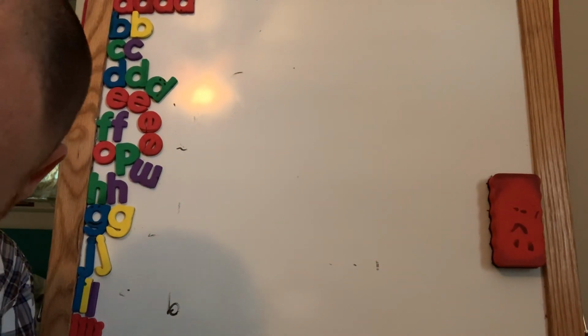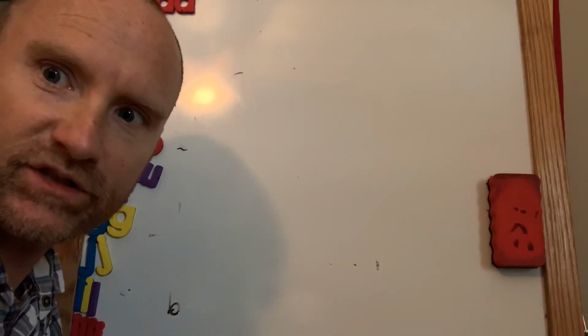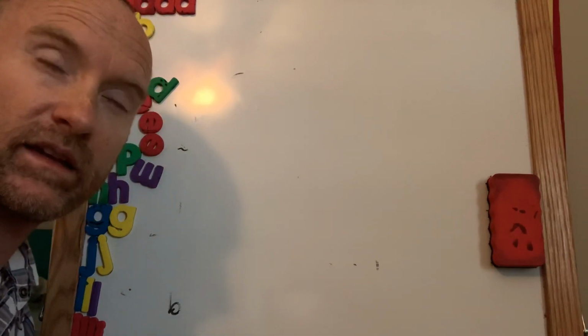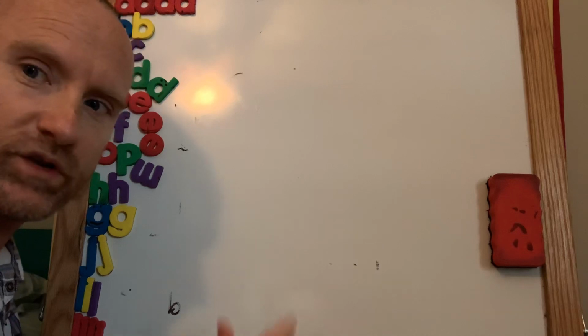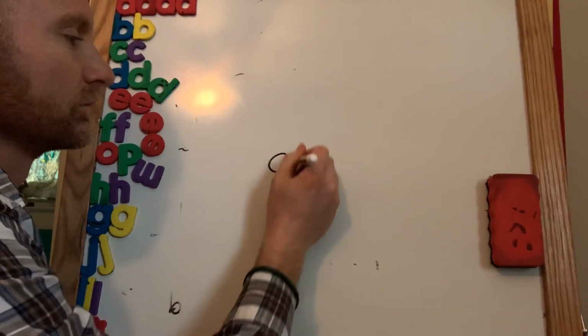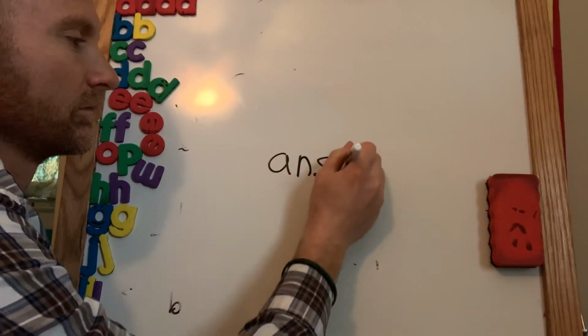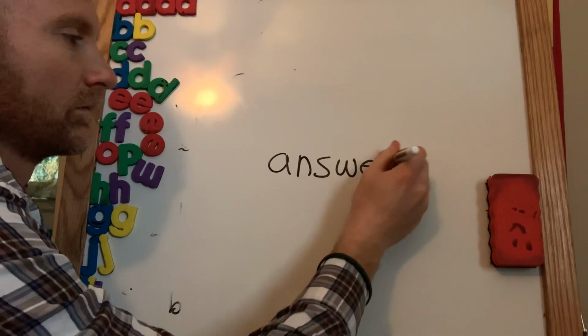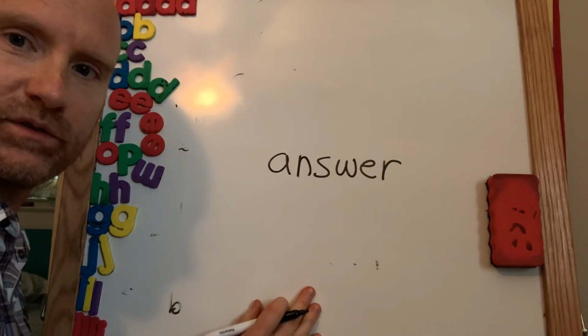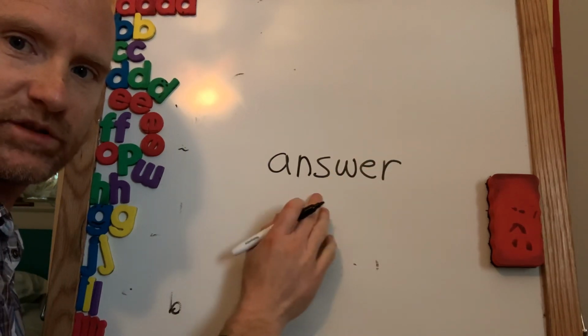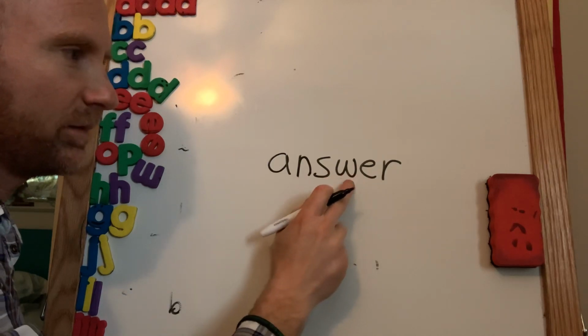All right, let's do "answer." This is a tricky one. There's a silent letter in here. Pause it and try it. Okay, how did you do? What's that silent letter in "answer"? What's the tricky part? It's that W, right? "Answer."